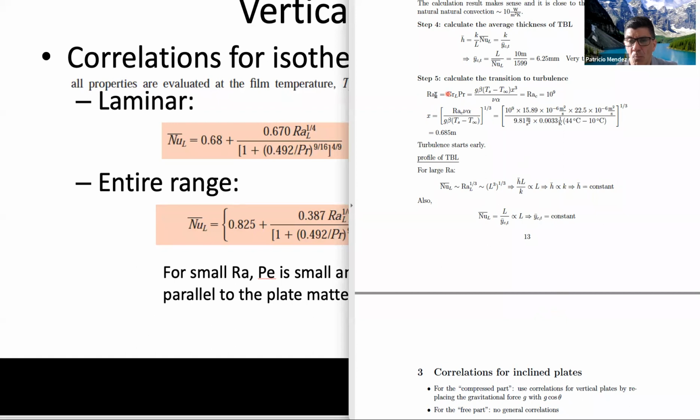So let's say Rayleigh number of x, right, at what x does it reach the critical Rayleigh number? So I solve for x, which is this line here, and it tells me that the turbulence in the chimney begins at 68.5 centimeters from the bottom. So I have a 10-meter tall chimney, and in a distance of this order here, it becomes turbulent, and then it never lets go.